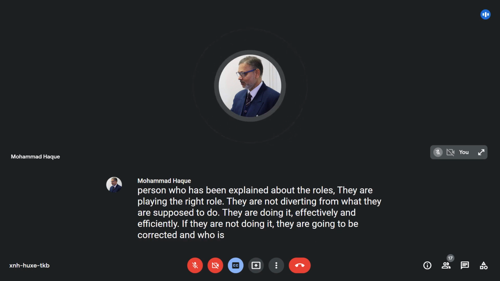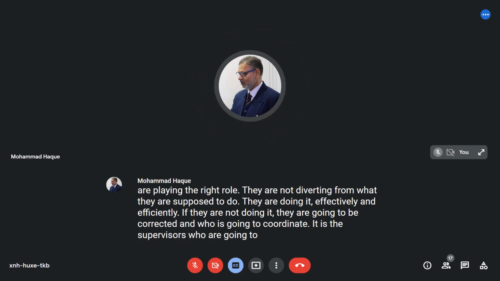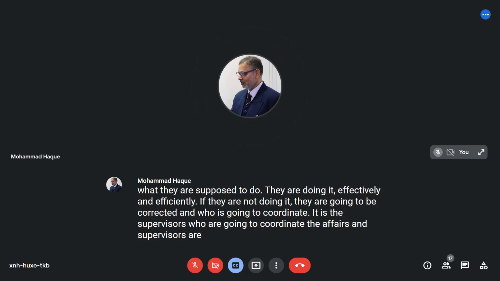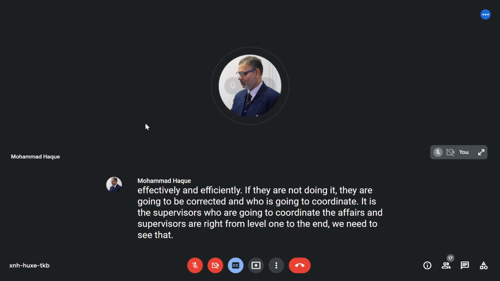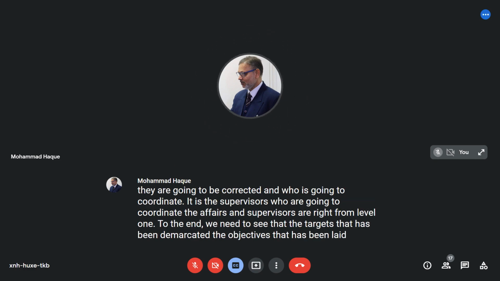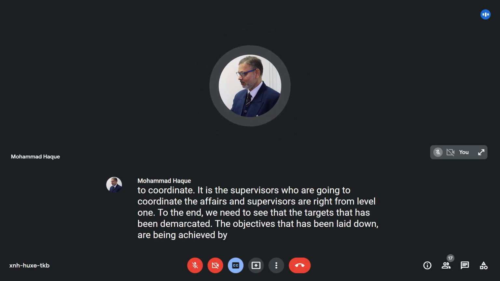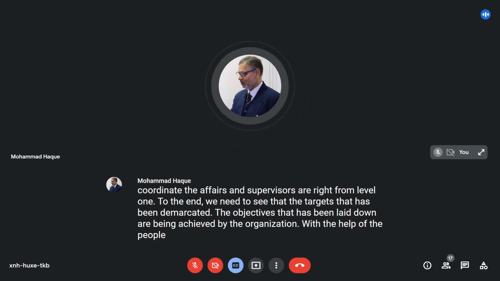And who is going to coordinate it? It is the supervisors who are going to coordinate the affairs, and supervisors are right from level 1 to the end. We need to see that the targets that have been demarcated, the objectives that have been laid down are being achieved by the organization with the help of the people whom you have planned to get into the organization.